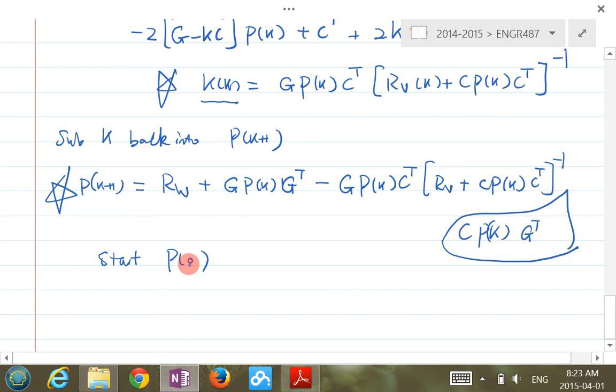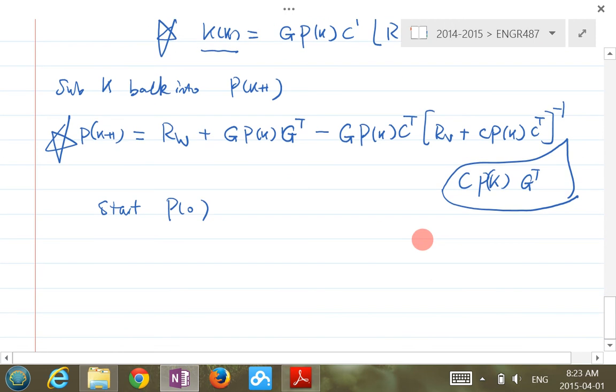What is P0? Always remember, P is the error covariance matrix. So P of 0 is the expected value of the estimation error. In our particular case, we assume we have P of 0 as this.